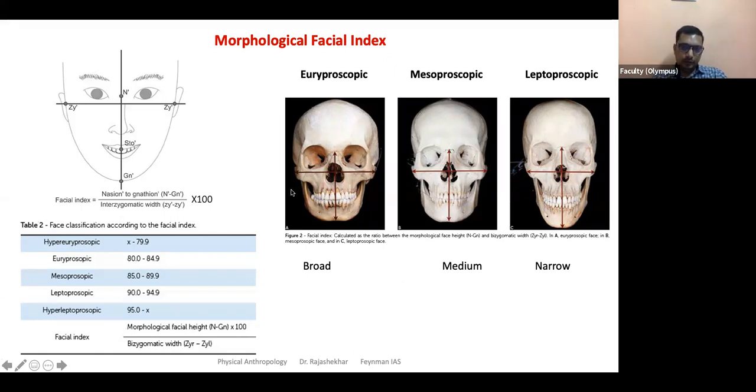So you see here, euryprosopic is broad, meso is the middle, and you can clearly see lepto is more elongated, thinner, narrowed versions.